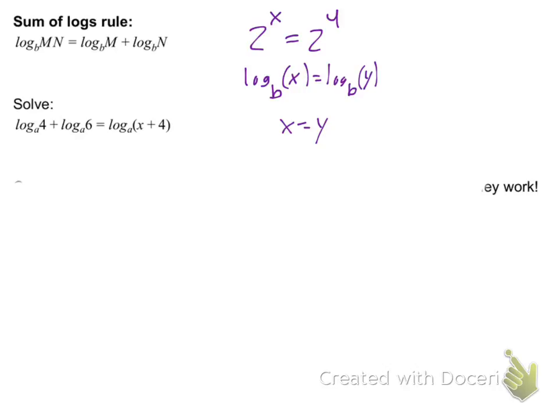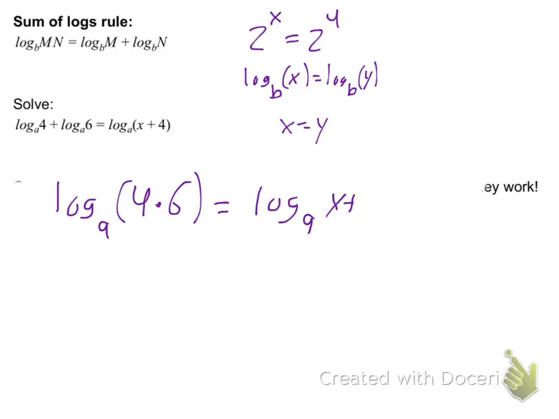So that side is going to look like log base a of 4 times 6 is equal to log base a of x plus 4. What's 4 times 6? So it's log base a of 24 equals log base a of x plus 4.